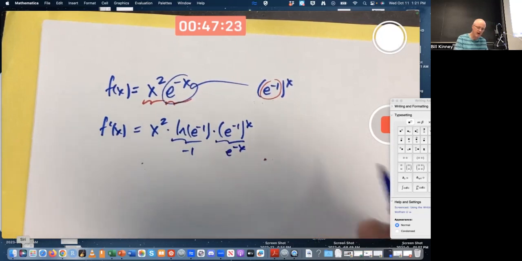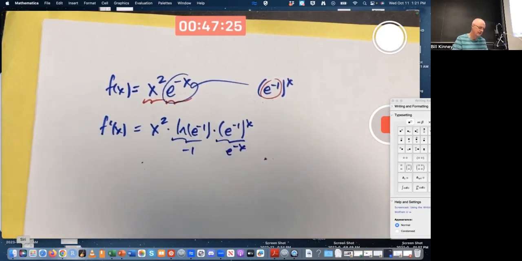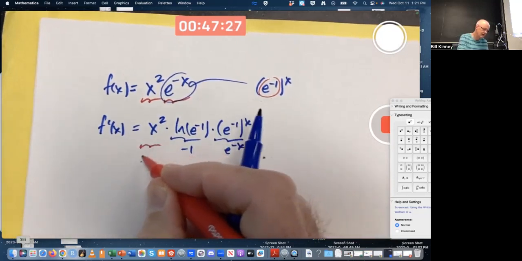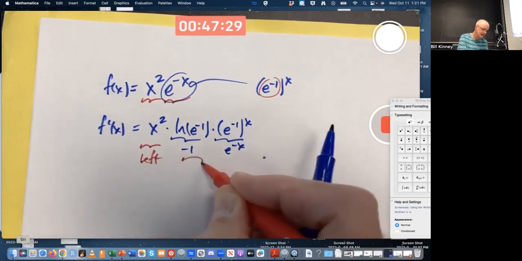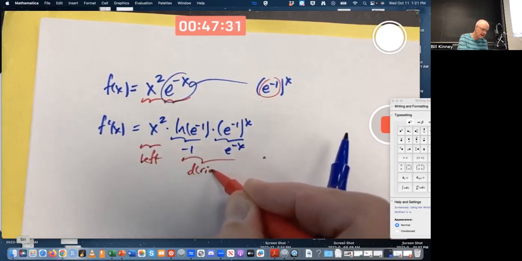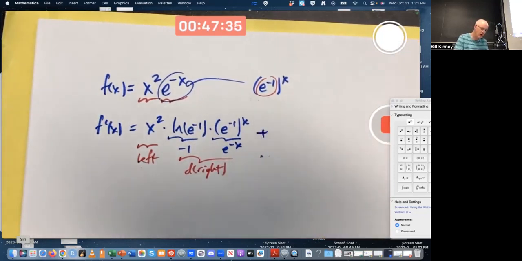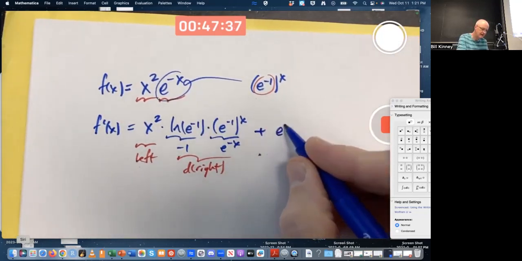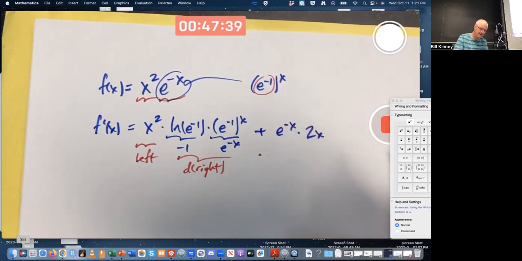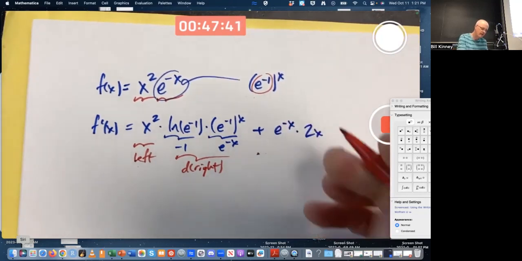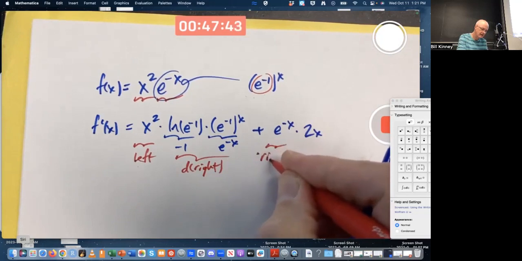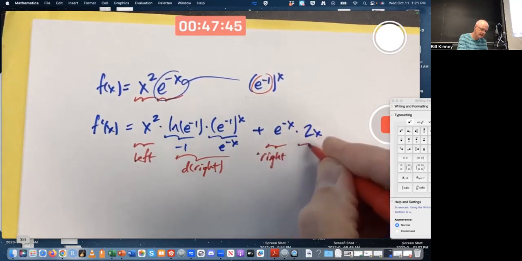So that's left d right, plus right, e to the negative x, d left, 2x. That's right d left.